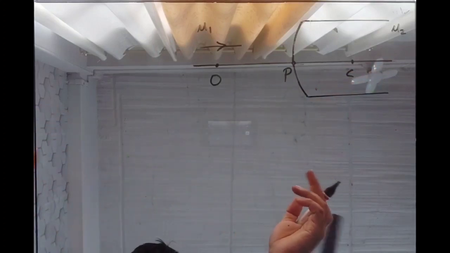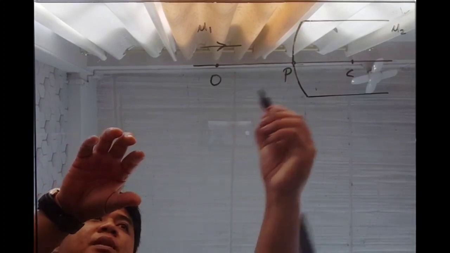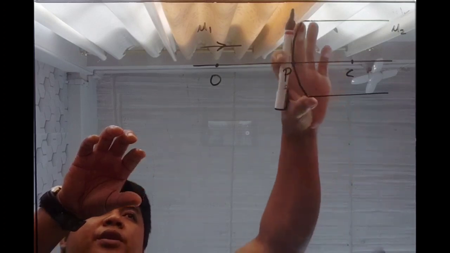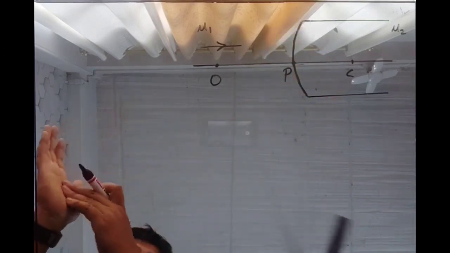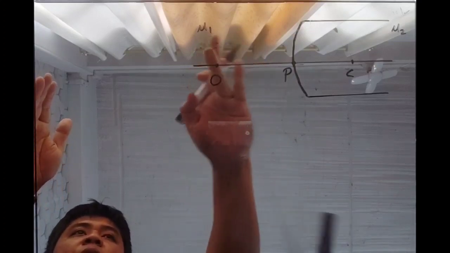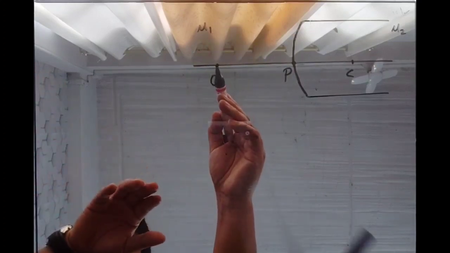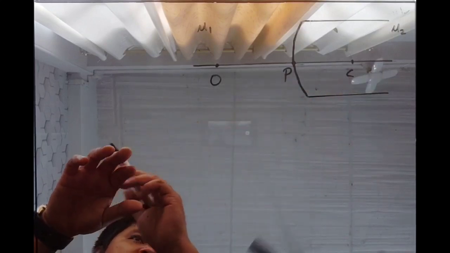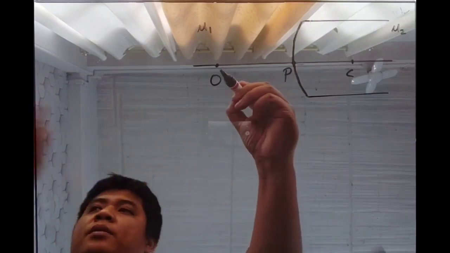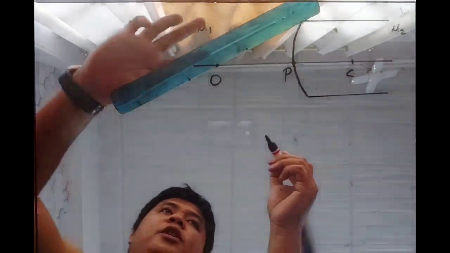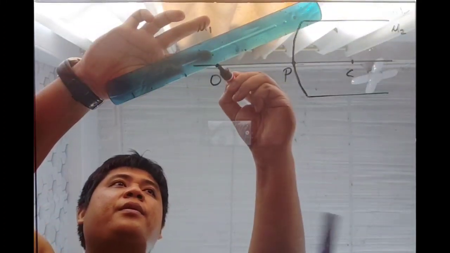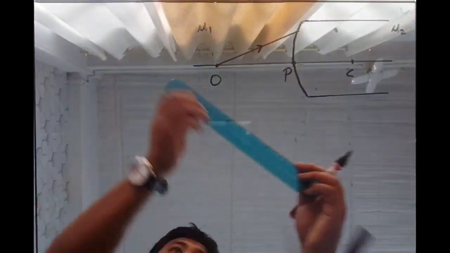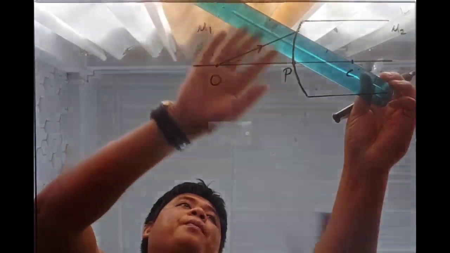And what else? Assumptions. The refracting surface is of small aperture, the width is small, and we consider that the object is a point object, point sized, situated on the principal axis. Suppose this is the incident ray, and let this be the normal.